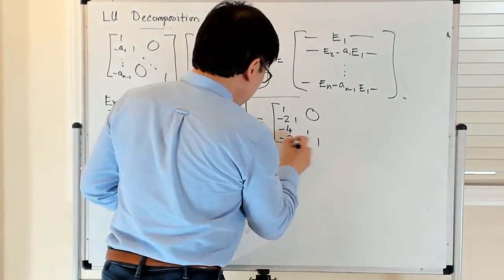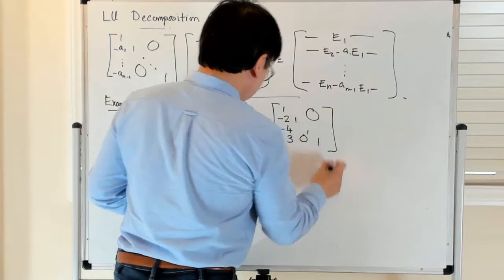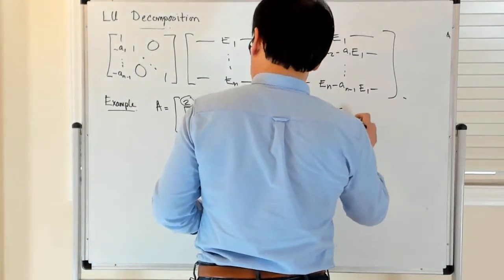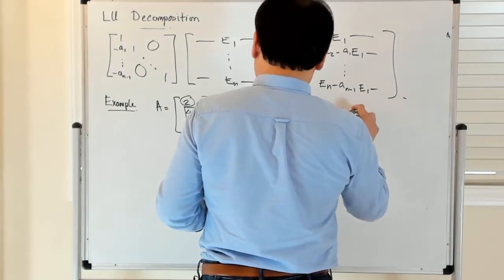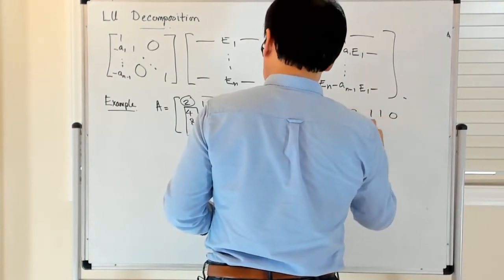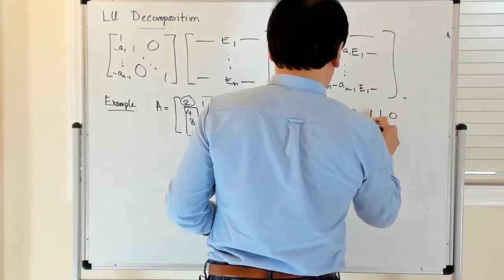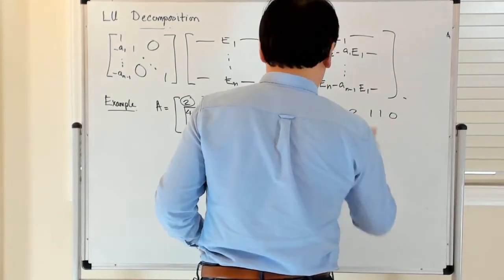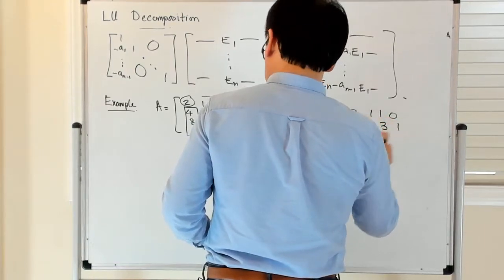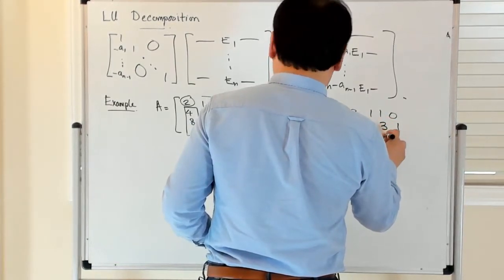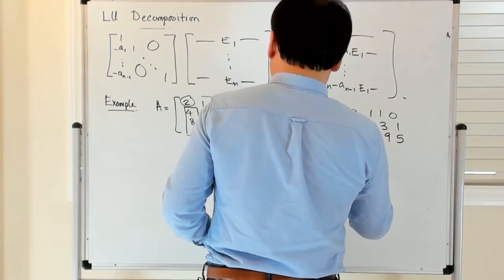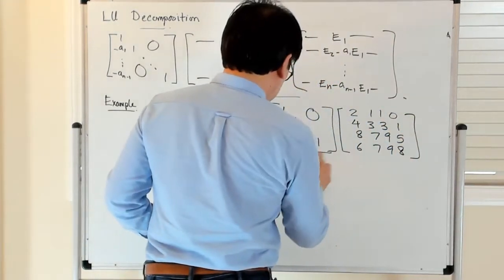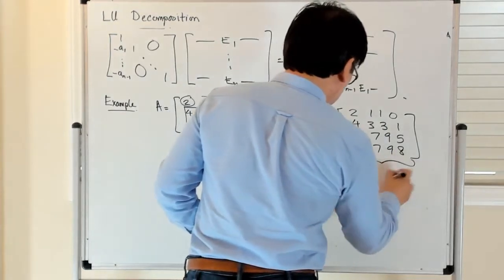Okay, so that's the matrix B1 multiplied by this original matrix, 2, 1, 1, 0, 4, 3, 3, 1, 8, 7, 9, 5, 6, 7, 9, 8. So this is what I call B1. This is what I call A.